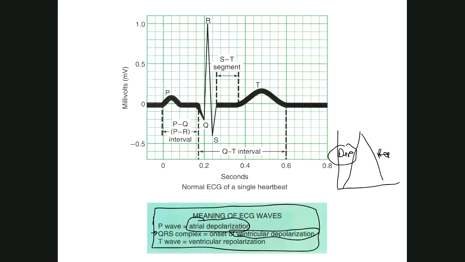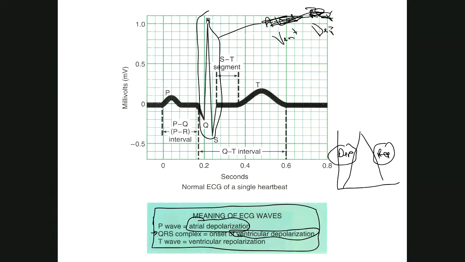So this represents two things: atrial repolarization and ventricular depolarization. And because the ventricles are much, much bigger than the atria, this part gets hidden. You can't see it. And then the T wave represents the repolarization of the ventricles.